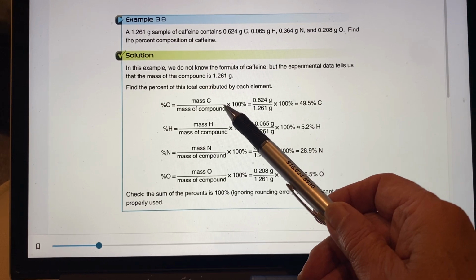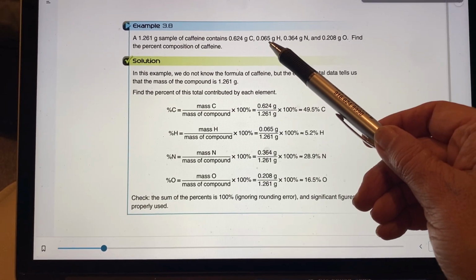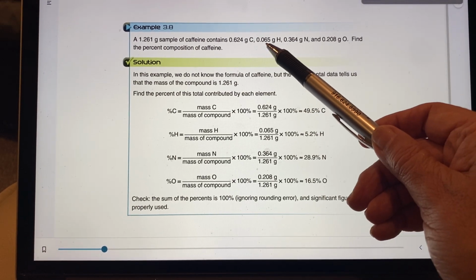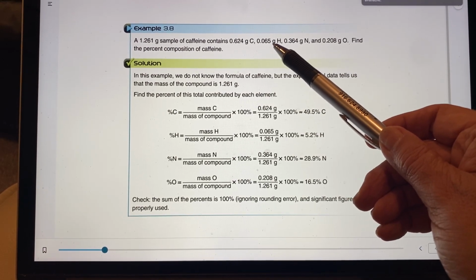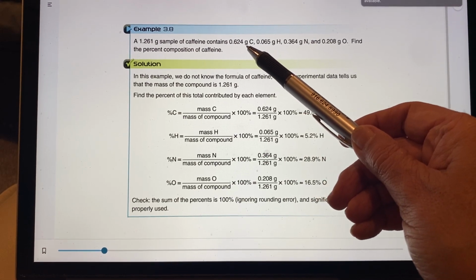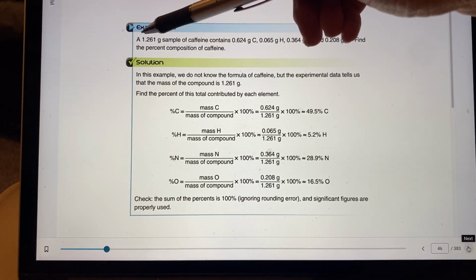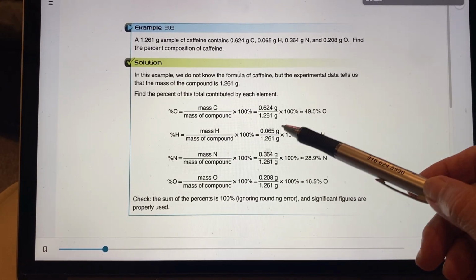So we're going to find the mass of C. So we take the mass of C, which is carbon, 0.624, and then we divide it by the total mass, which was 1.261. So you just divide it by grams.